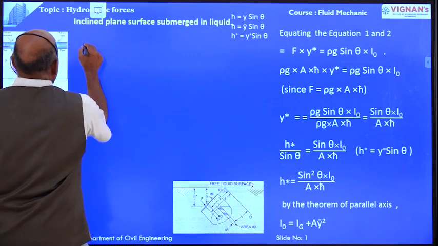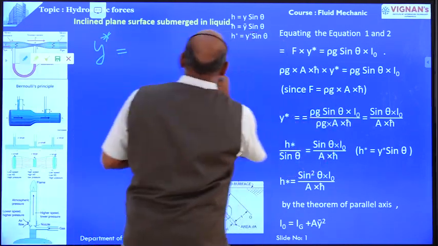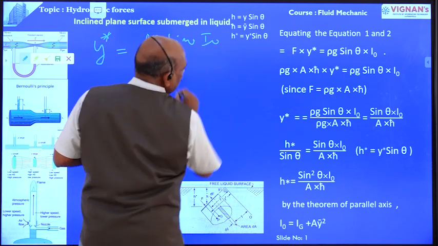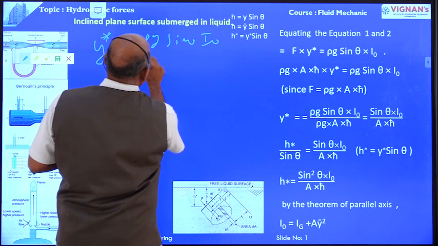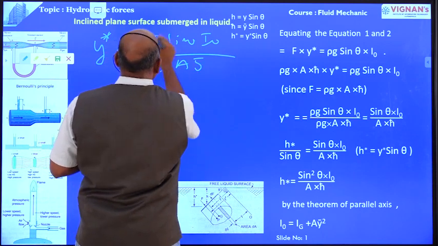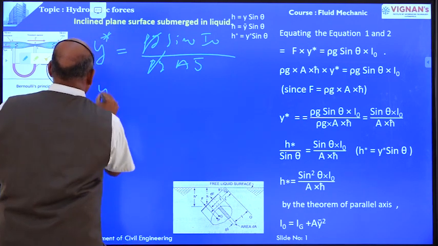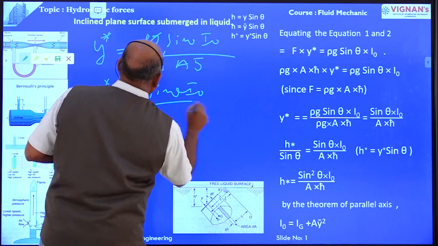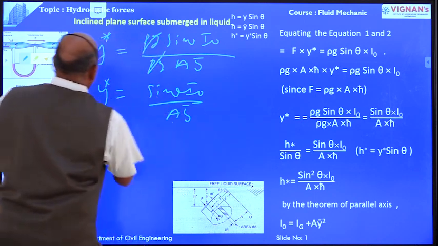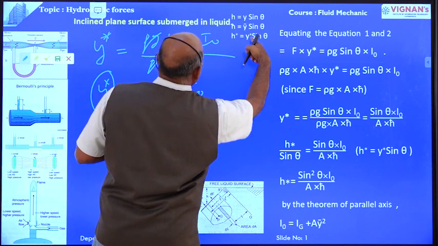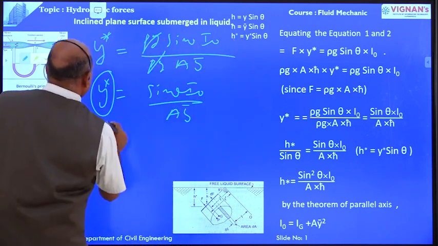This is the equation we have. Y star is equal to rho g sin theta I0 divided by rho g a y bar. Rho g gets cancelled, so y star is equal to sin theta I0 by a y bar. But y star is also equal to h star divided by sin theta.